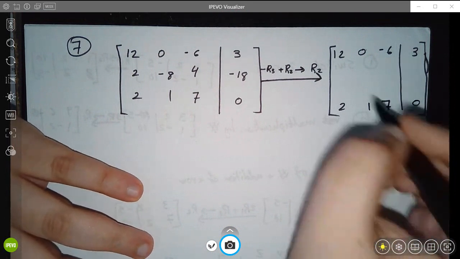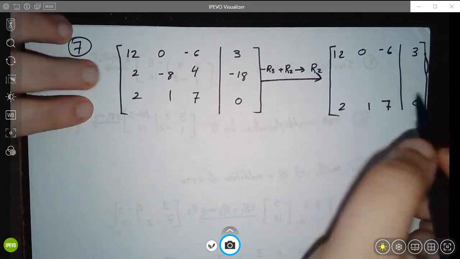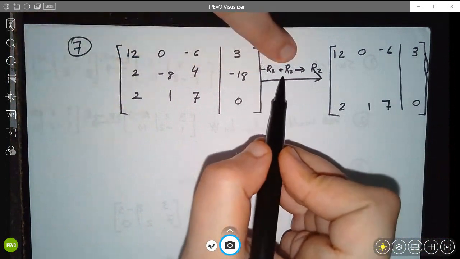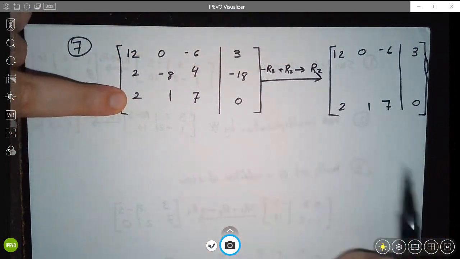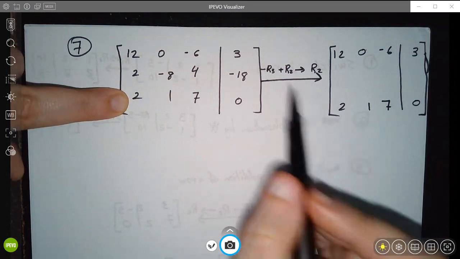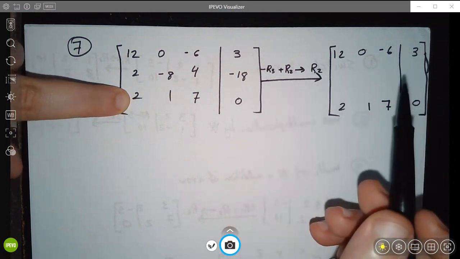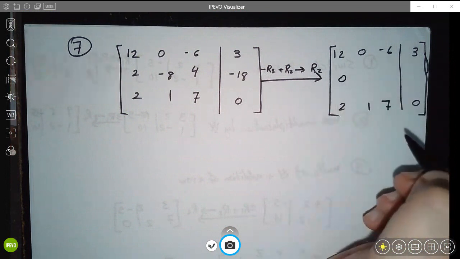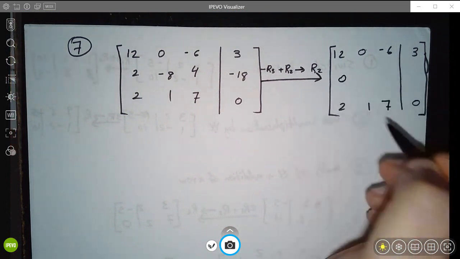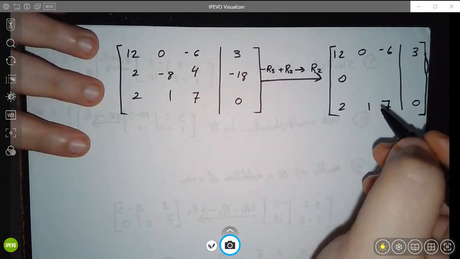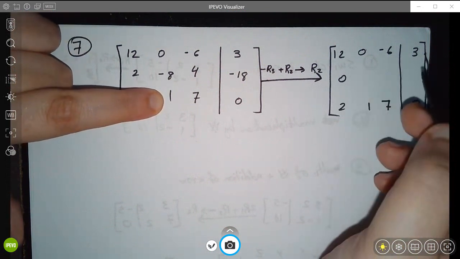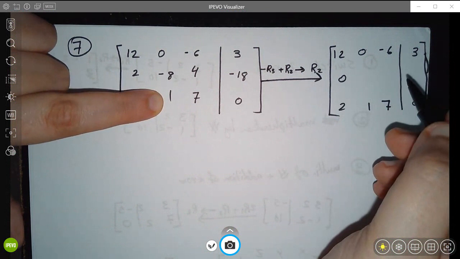Okay, now let's do R2. Now, here it said multiply R3 by negative, and then add R2. So the first R3 value is 2. Multiply by negative becomes negative 2. Adding 2 to it turns it into what? 0, right? So this turns into 0. Okay. Next value, 1 times a negative becomes negative 1.